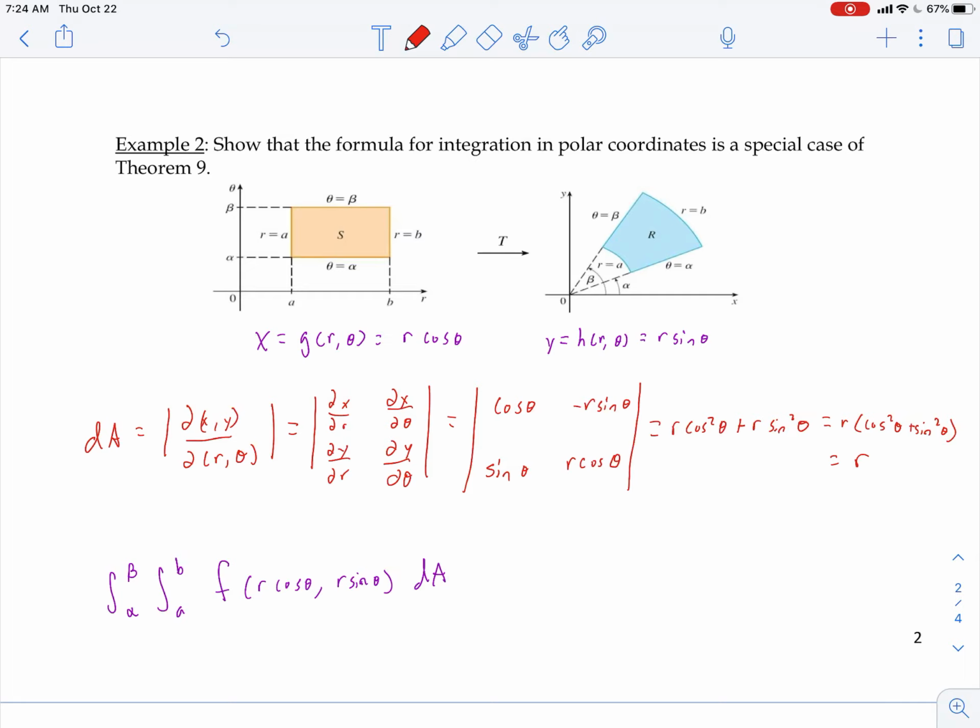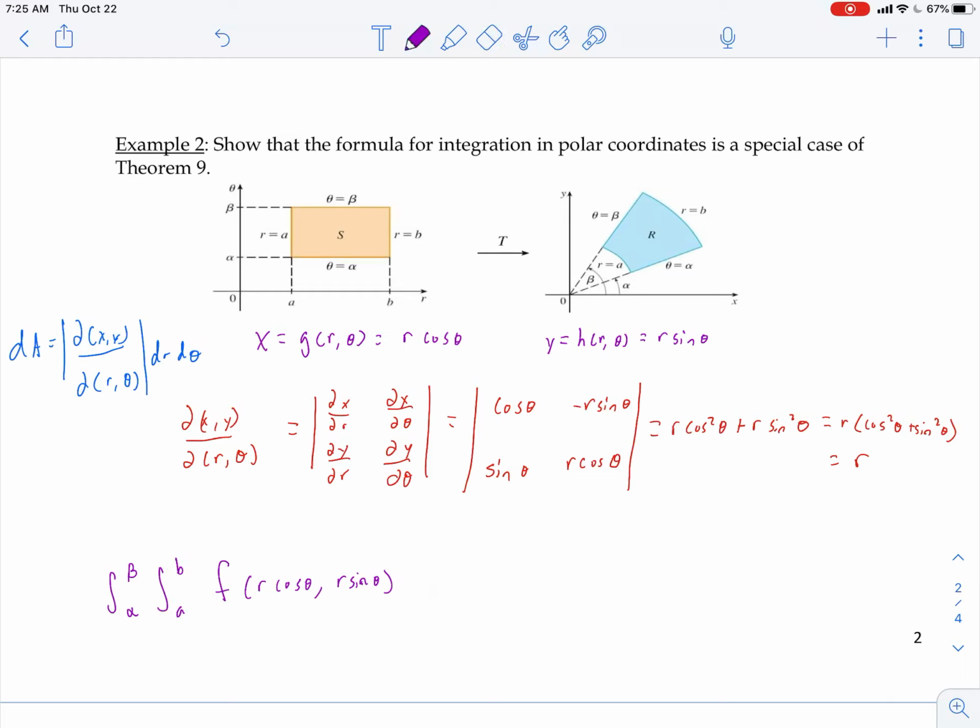So dA is the Jacobian times the change in r and the change in theta, so dA is r dr d theta.